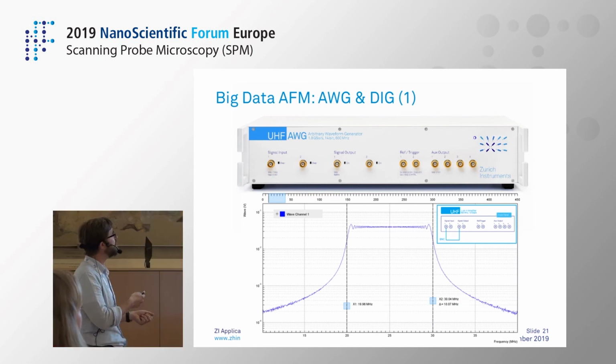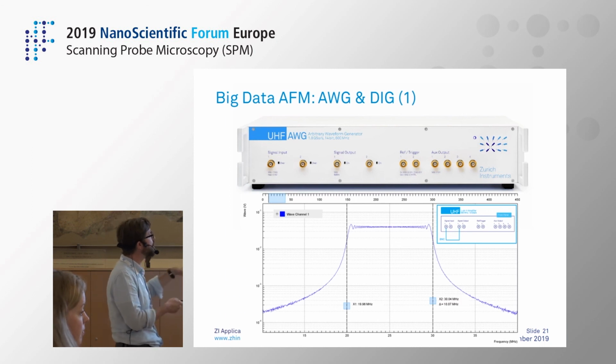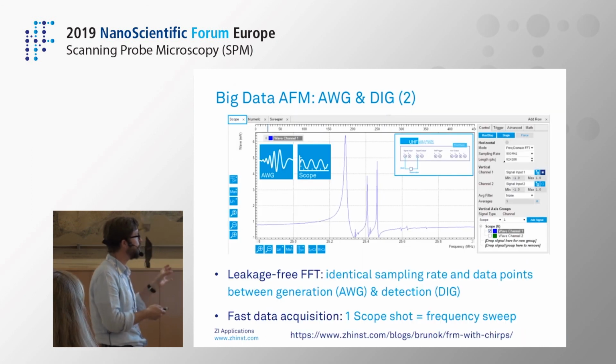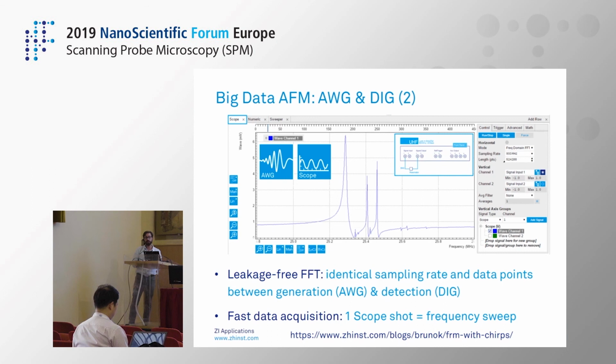And actually, this is not a sweeper, this is a scope. It's just a scope shot, synchronized with the chirp, and it can be leakage free, which means you use the same amount of data for the generation and for the detection. So you can really link the two. Of course, then you have to link it to your scan generation, and then you can reconstruct images.